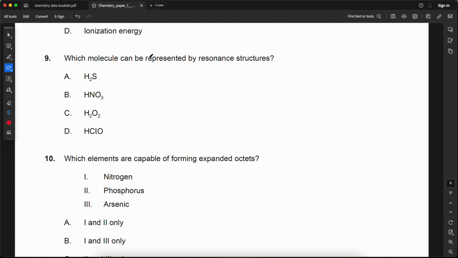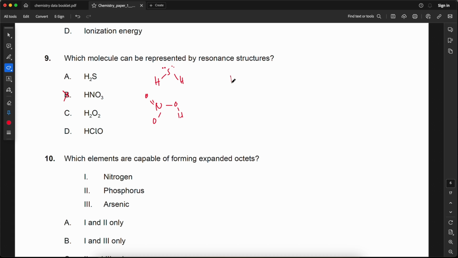Which molecule can be represented by resonance structure? It's HNO3, because if we see the structure for H2S, there is no double bond. For HNO3, there is a double bond, so there will be another Lewis structure.